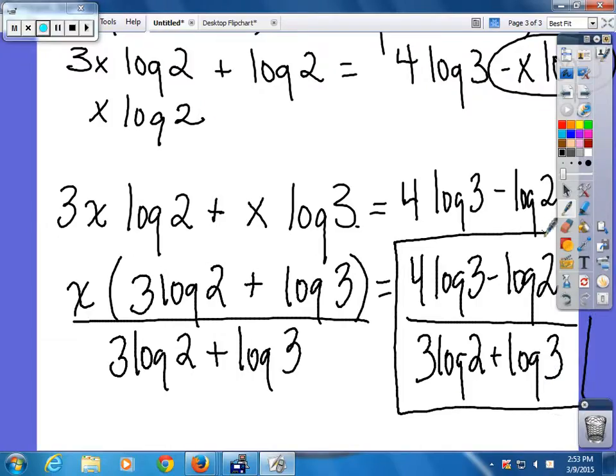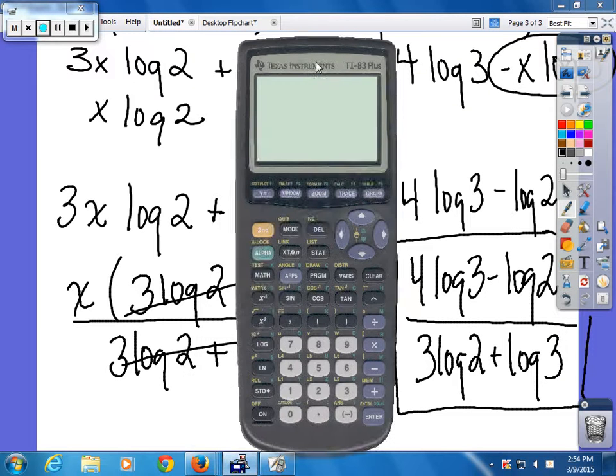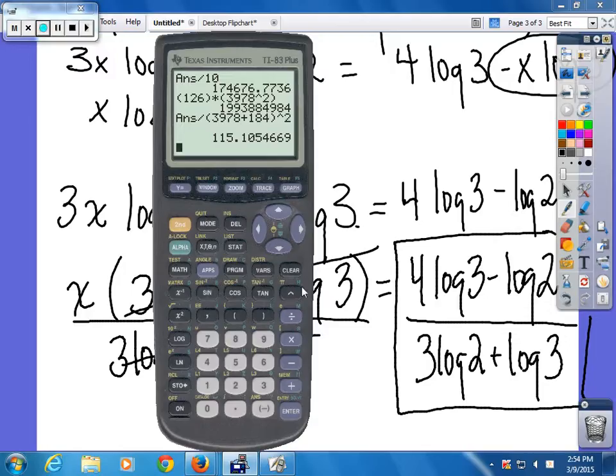Now somebody crank that through your calculator, and that's what x is equal to. So that would be, take your handy dandy calculator. I'm going to try it right now.